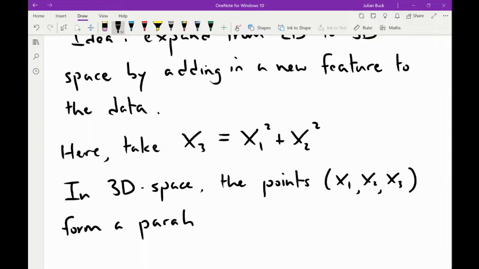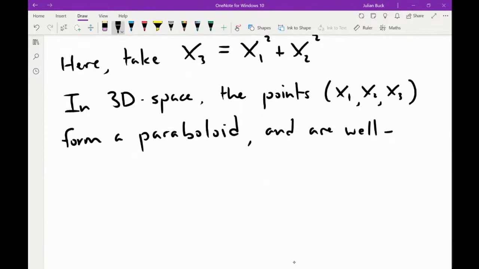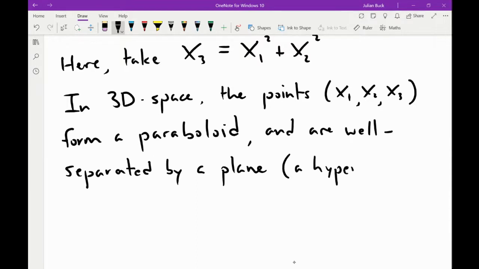That's the particular shape. We'll come back to the picture in a moment. And they are well separated by a plane. And a plane, of course, is a hyperplane in three-dimensional space.